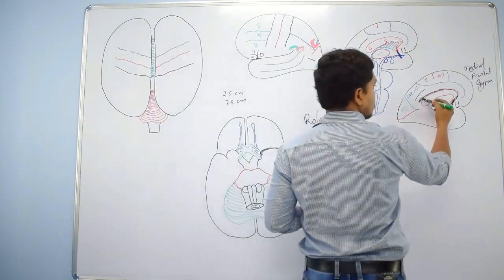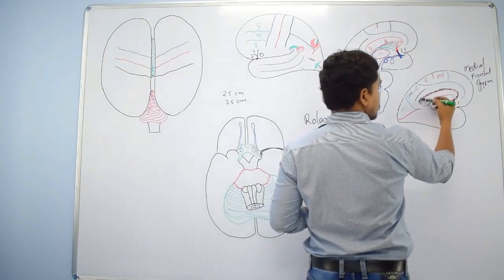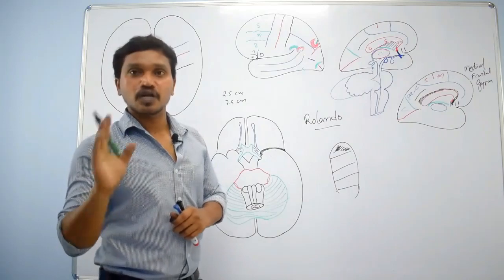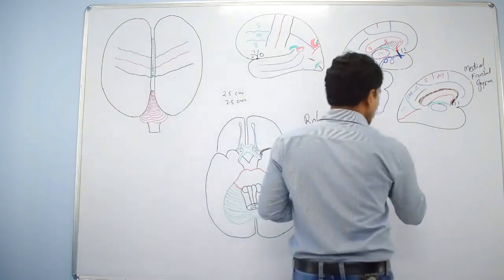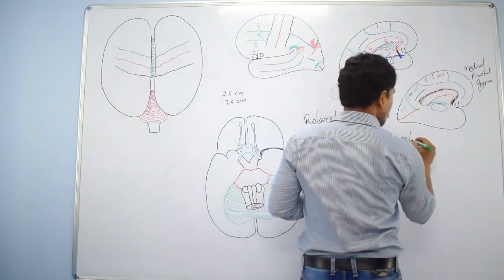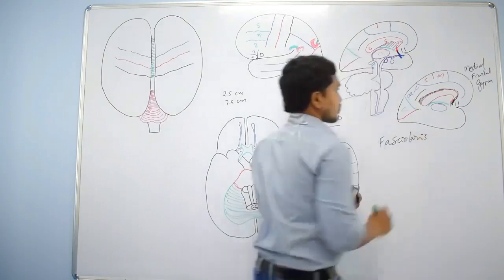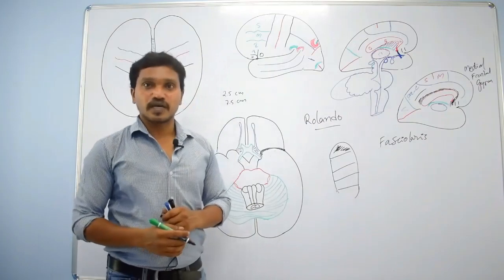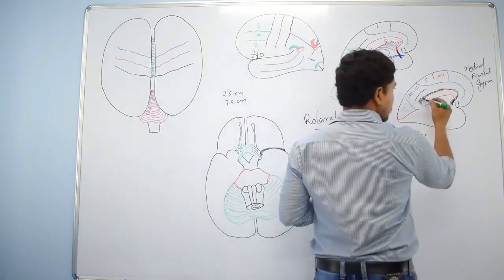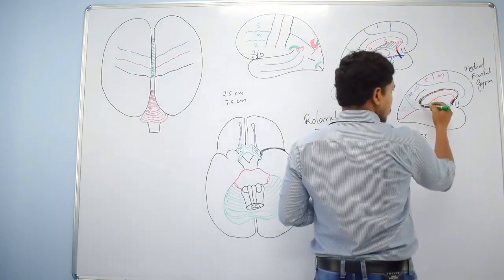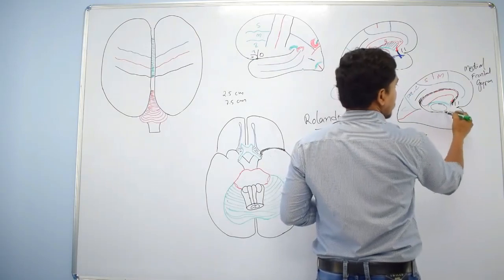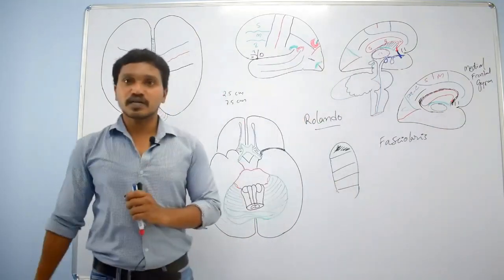That means this part, which we call gyrus fasciolaris. This gyrus fasciolaris extends down and continues with the hippocampus.